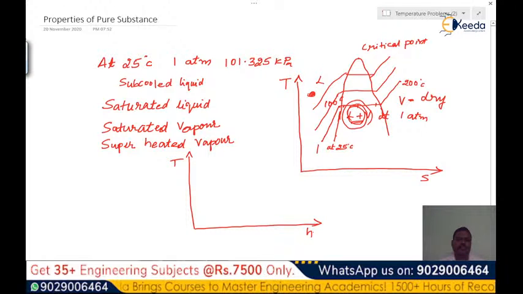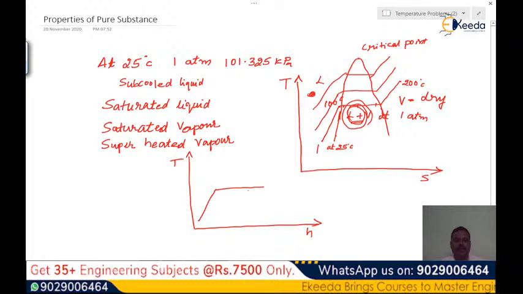Here we will have water which is at 25 degrees Celsius, and if heat is added, its enthalpy increases as well as its temperature increases, and at saturated liquid state, when heat is added, definitely its heat content, that is enthalpy, increases, and it takes place at a constant temperature.